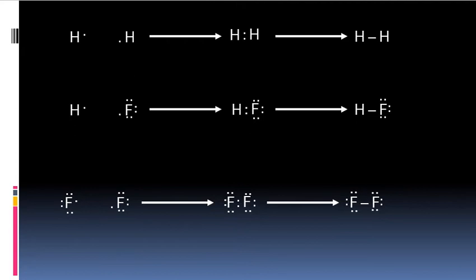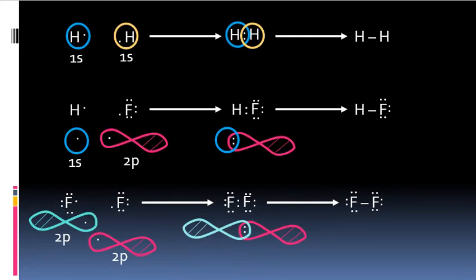Now to represent it more pictorially, let's look at the orbitals themselves, where hydrogen has the 1s orbital available for bonding, and fluorine has one of its 2p orbitals available for bonding. In the case of hydrogen, as those hydrogen atoms come closer together, those s orbitals will overlap, and the area of overlap is where you will see those bonding electrons.